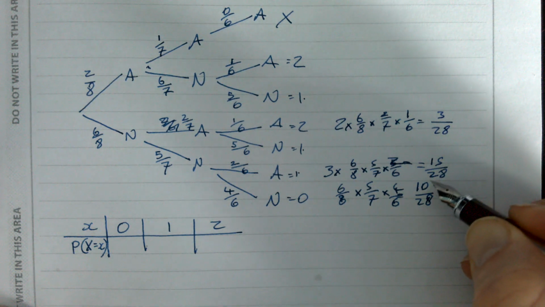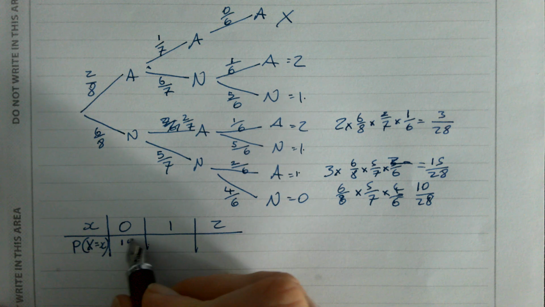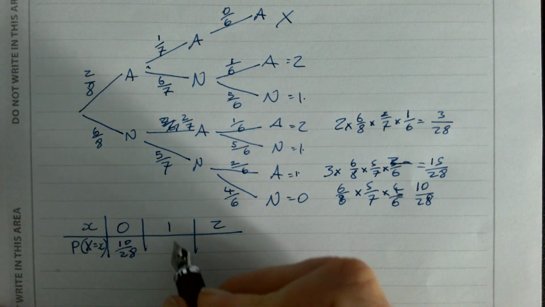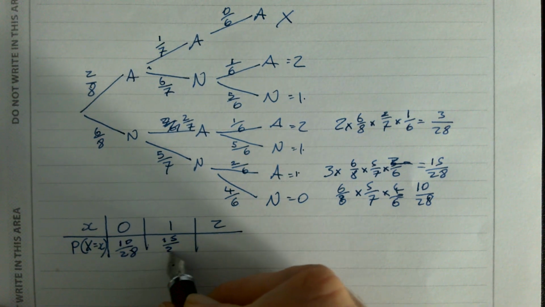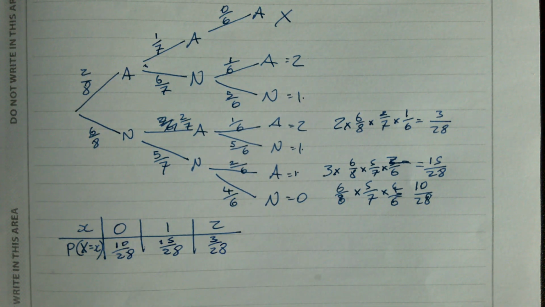And if you add 15 and 10, that's 25, plus 3 is 28, so I know it's correct. So I've got 10 over 28, I've got 15 over 28, and I've got 3 over 28. And you can have equivalent fractions or decimals in there as well.